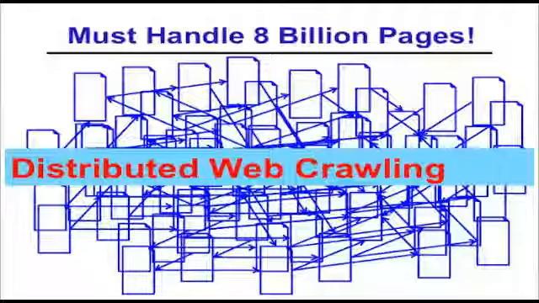How do I write a distributed web crawler, as we'd call it, that consists of thousands of different programs that are all crawling at the same time and sending their data back to Google? Distributed means that it's different computers in different places working on the same problem at the same time.